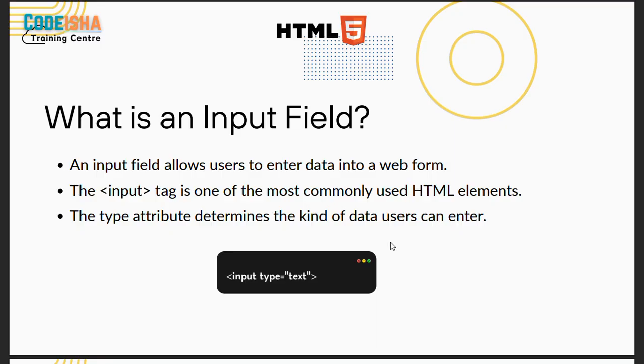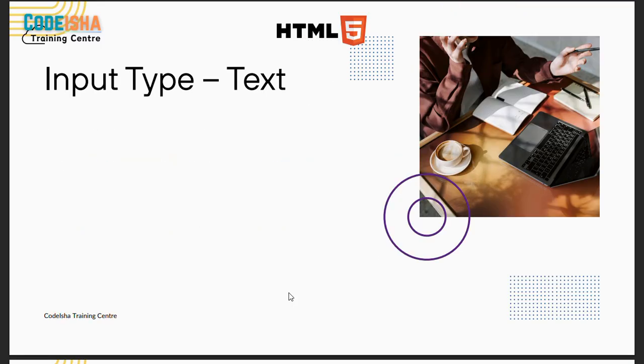The input tag is one of the most commonly used HTML elements, and the type attribute determines what kind of data users can enter in that input field. In the type attribute we can decide what the user can enter in that field, whether it is email, text like a name, numbers, a date, or any other related data types we need to implement there.